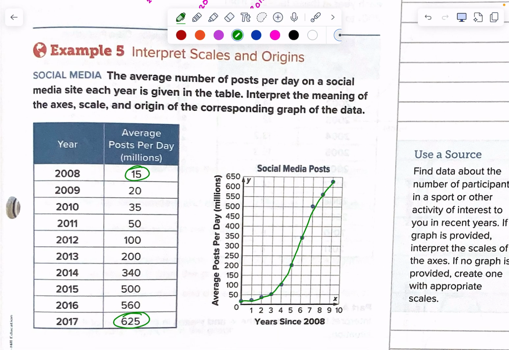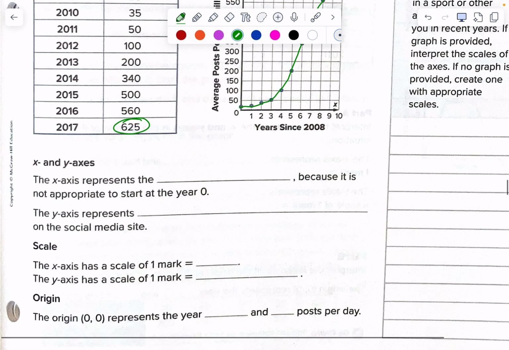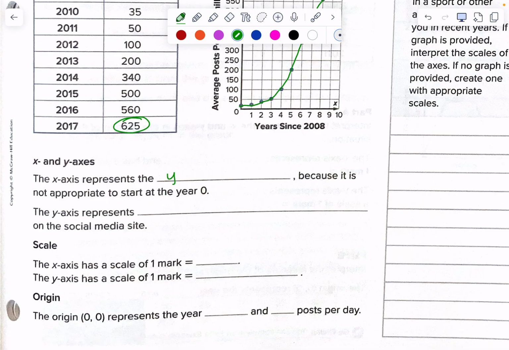All right. Interpret the meaning of the axes. Let's fill in the blank. The x-axis represents the years since 2008. It is not appropriate to start at the year 0, because if we just looked at this, you'd wonder what that means.